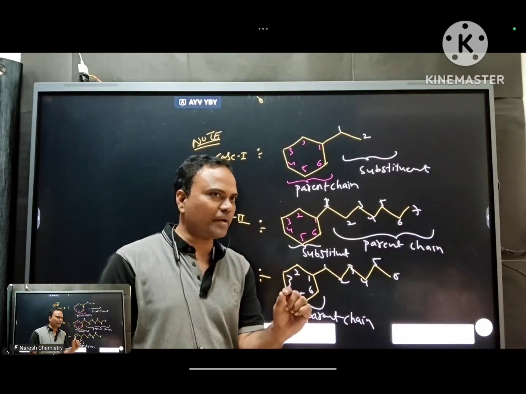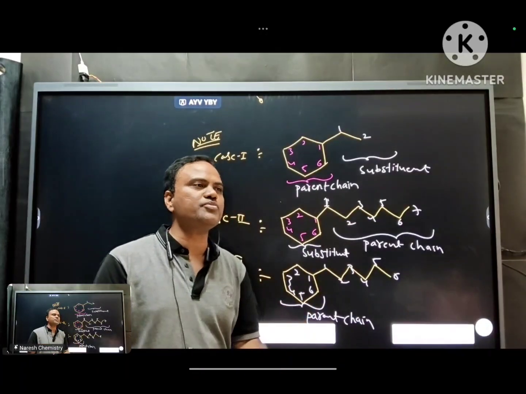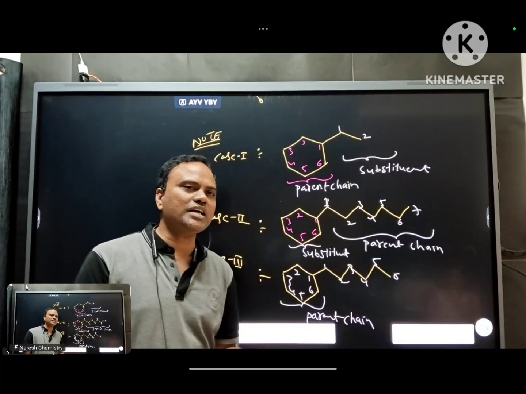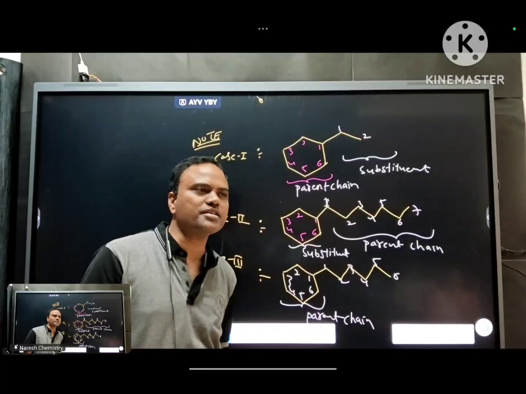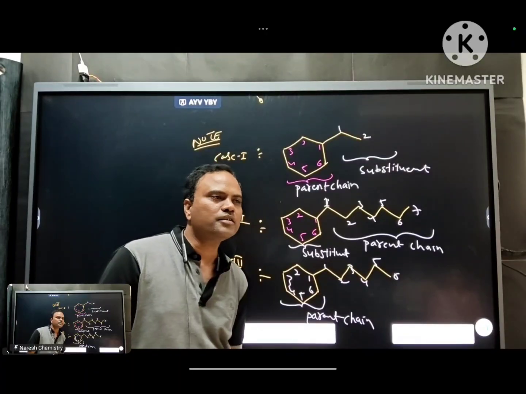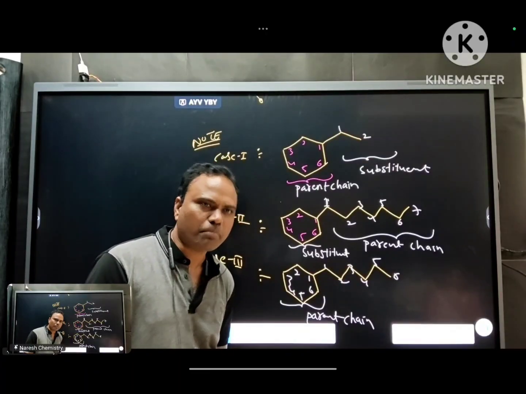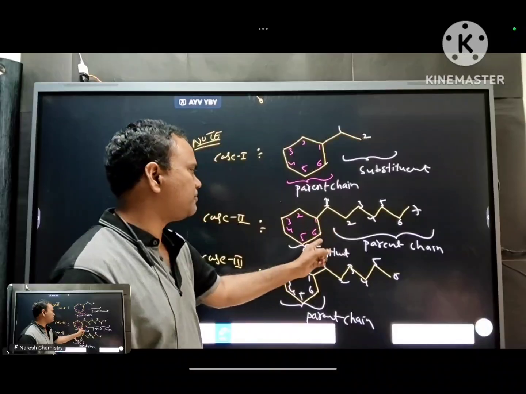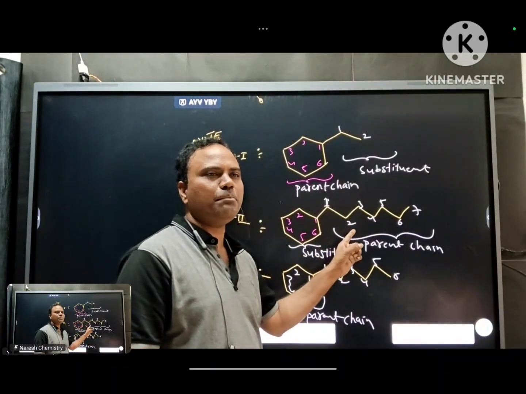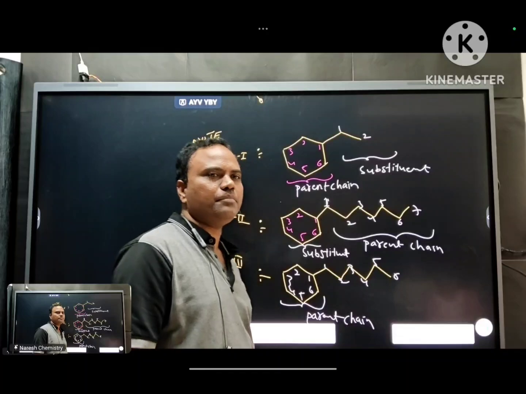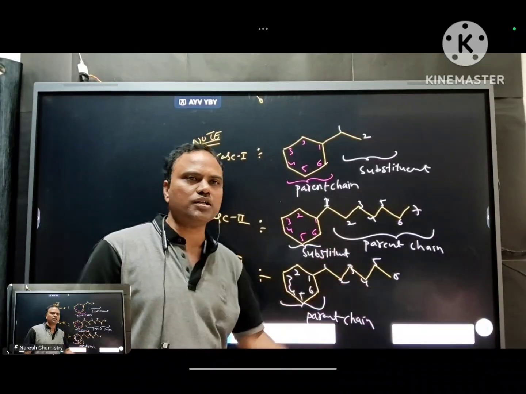Cyclopentane ring when present as a substituent, we call it cyclopentyl. Cyclopropane when present as a substituent, we use cyclopropyl. Its name? Cyclohexyl heptane. Seven carbons are there.